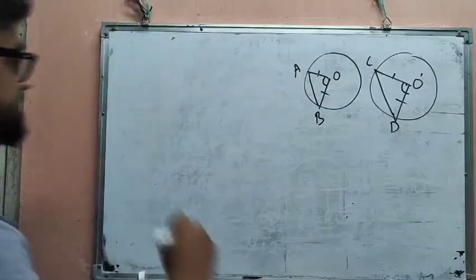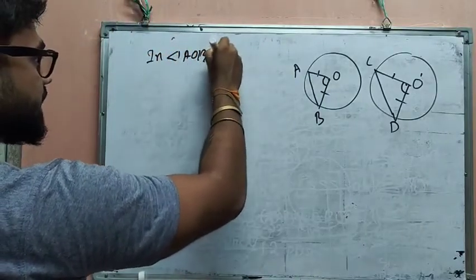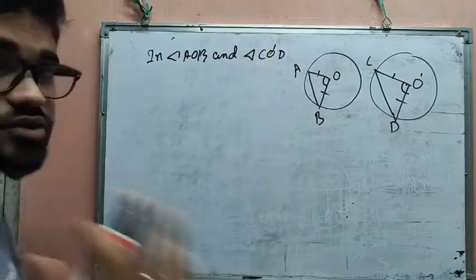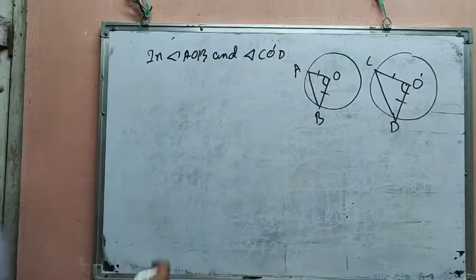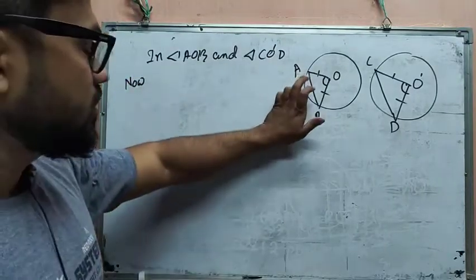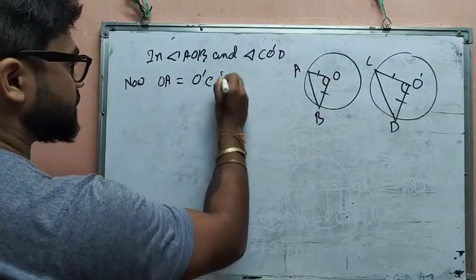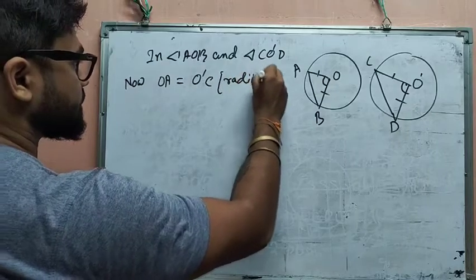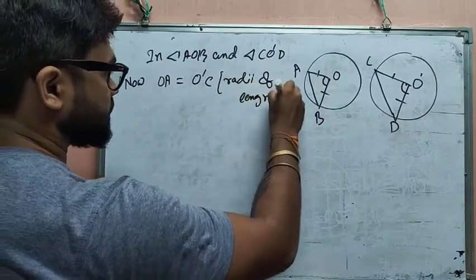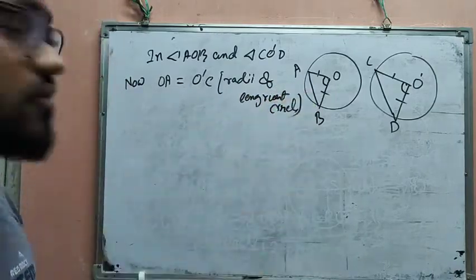So how to write this? See, we are considering two triangles, AOB and CO dash D. OA equals O dash C, radii of congruent circles. Why is this equal? Because they are radii of congruent circles.